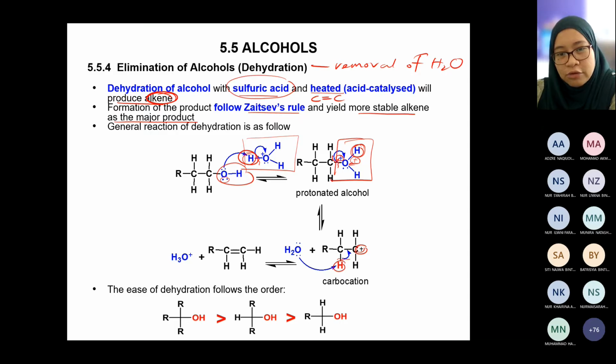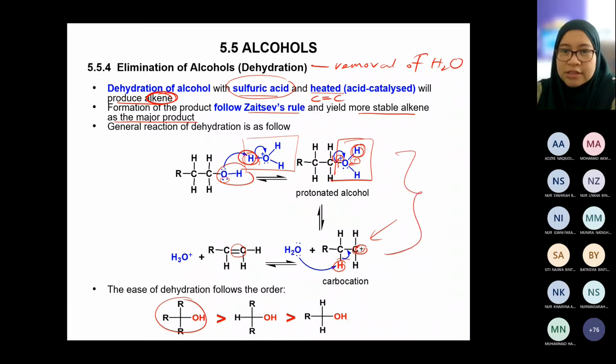Okay, so both of the electrons will be given to the carbon, and that carbon will form a double bond with the carbocation just now. So it becomes a double bond there. What I want to highlight is that when there is formation of carbocation, of course it will prefer tertiary over secondary, and lastly primary, which is very much not preferred.